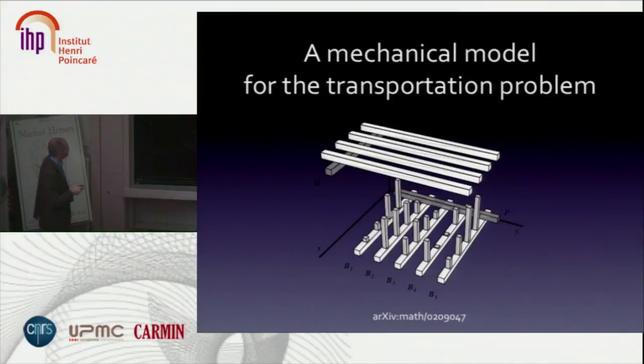So every bar, I mean, one set, I will call them upper bars. They go in the direction of the y-axis. The other set are orthogonal to them. Upper bars have weights, have forces that move them downwards. Lower bars have negative weights or buoyancies, so they're constrained to move upwards.